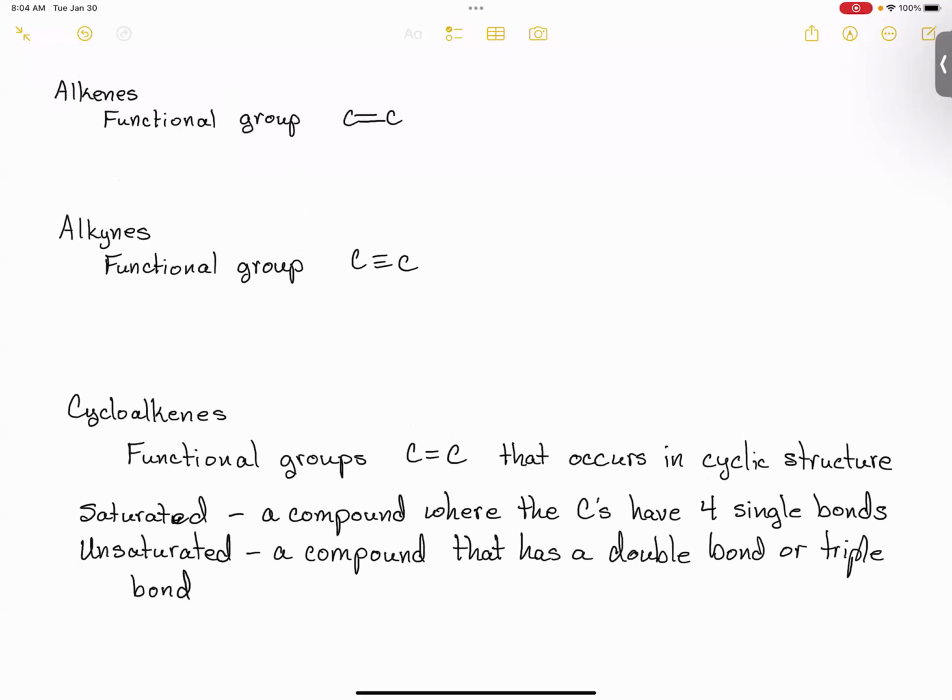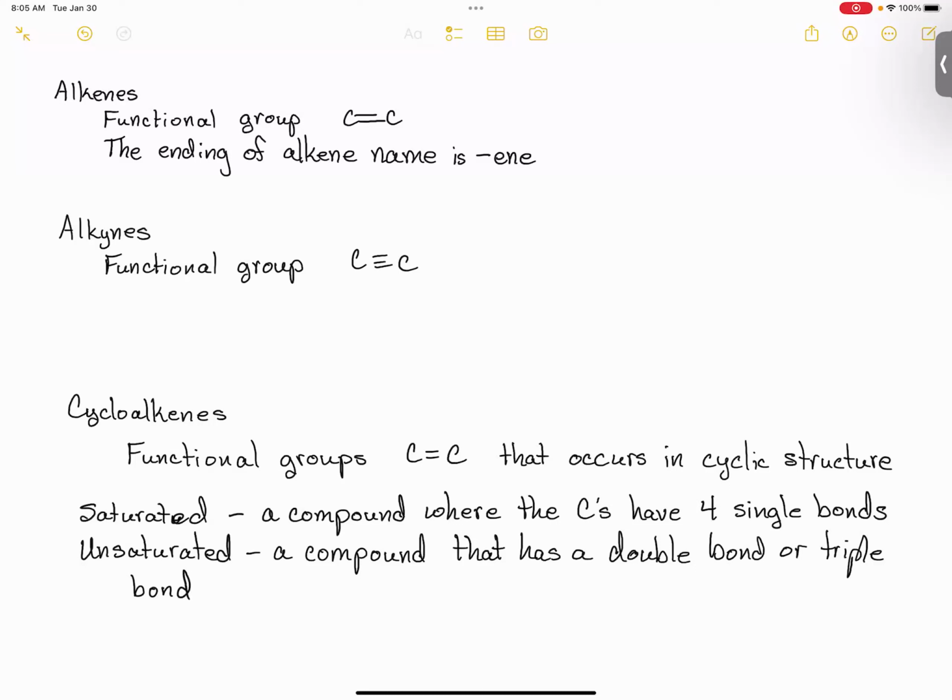So alkenes have the functional group C double bond C. The ending of an alkene name is going to be ENE. That's how we distinguish it from an alkane.